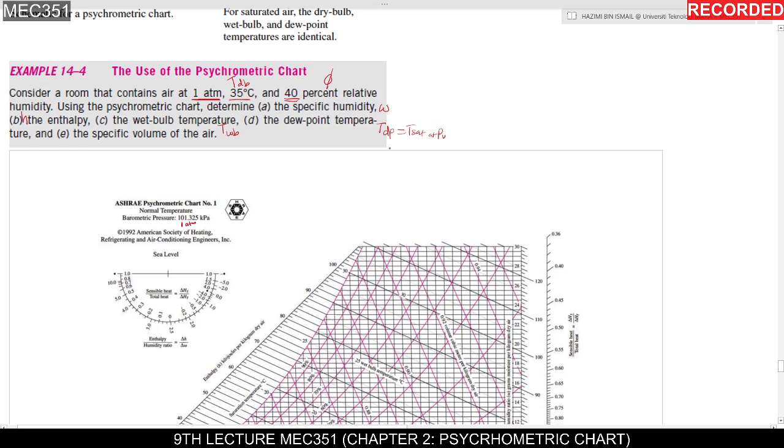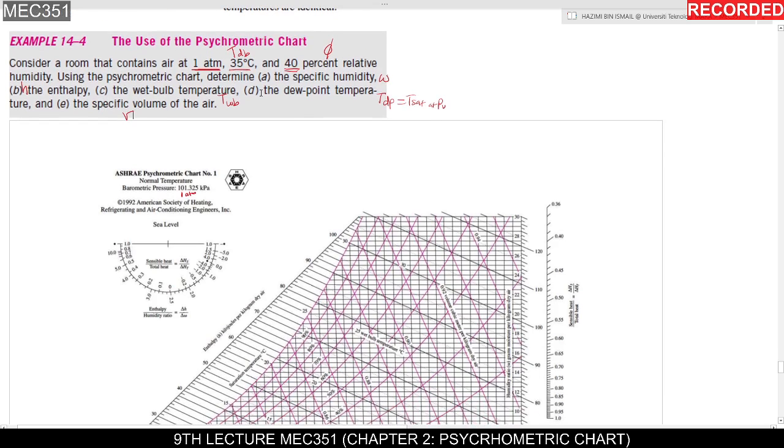I point it out first, to make sure you do not forget the equation here. And finally, the specific volume of the air. So this is the v, specific volume.